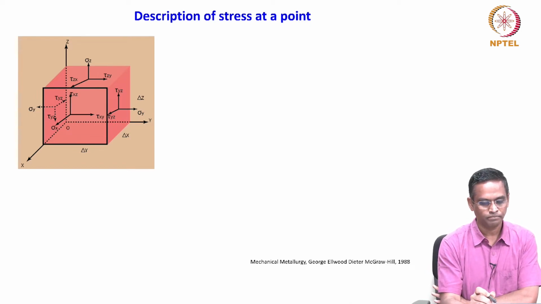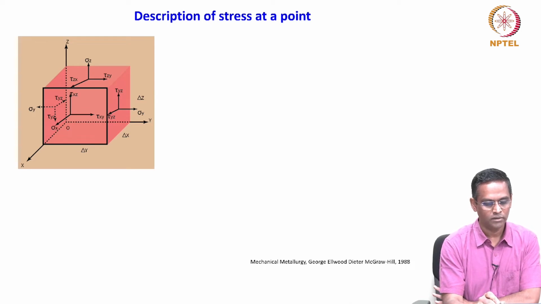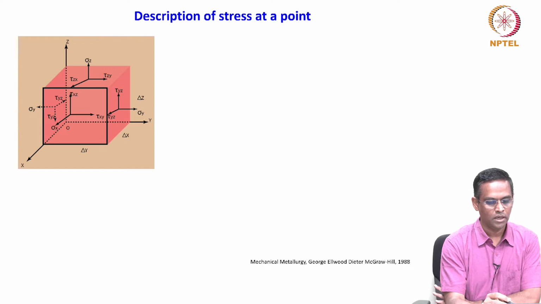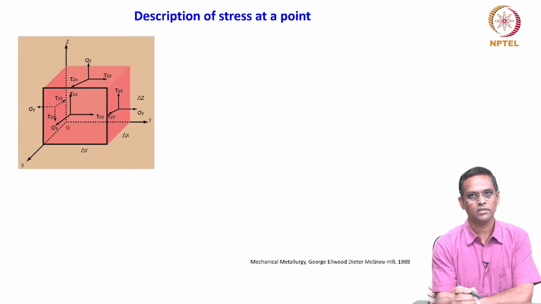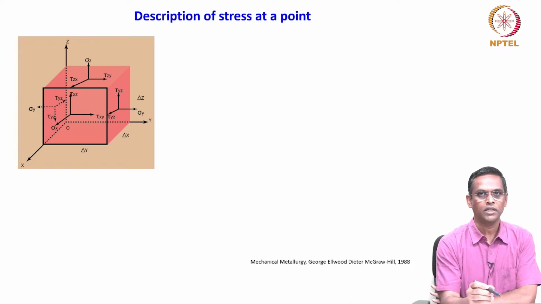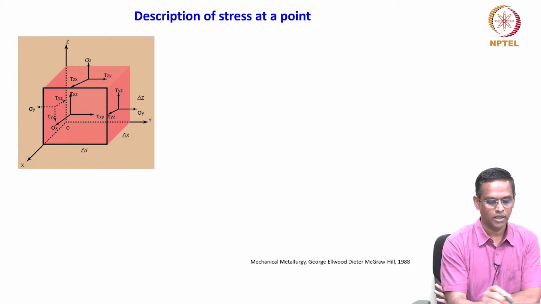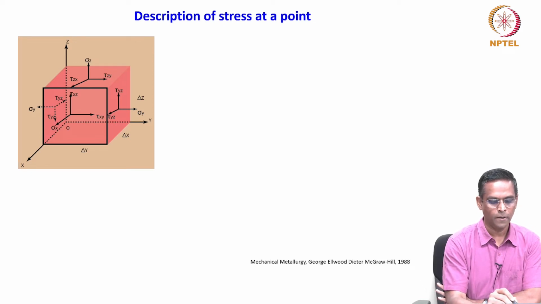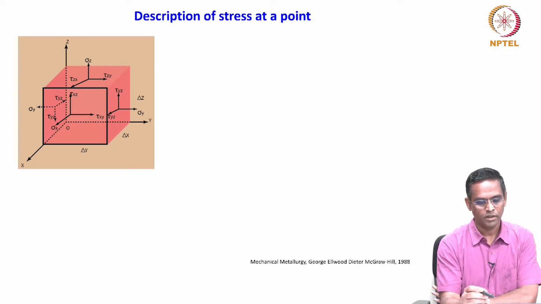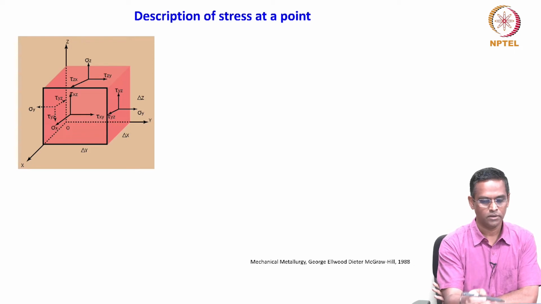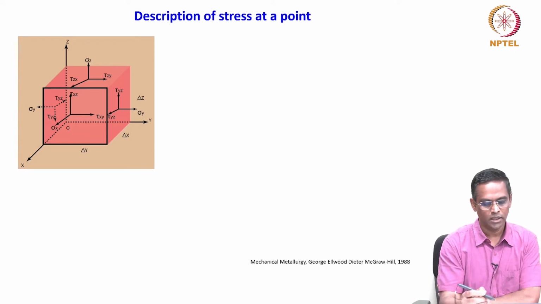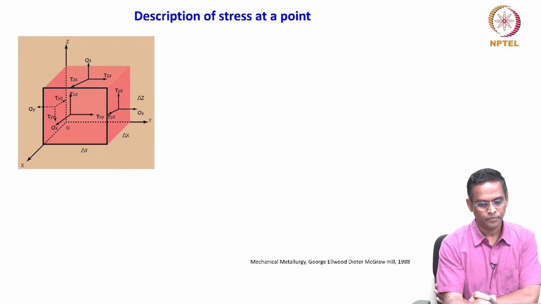For example, you have sigma y, sigma x and sigma z. They are all normal stresses, that is, they are perpendicular to the plane. This is a y plane, this is an x plane and this is a z plane. They are normal to this direction and that direction, so they are called normal stresses.